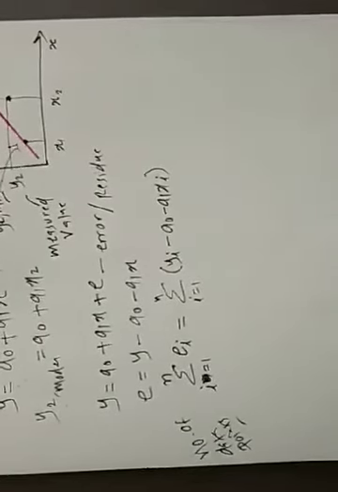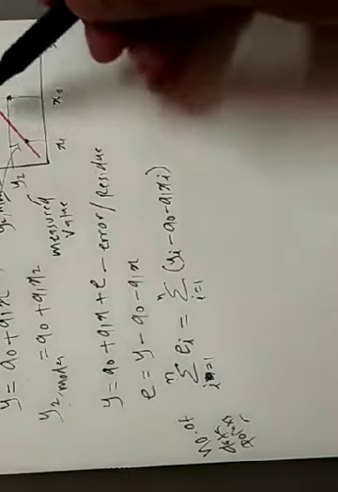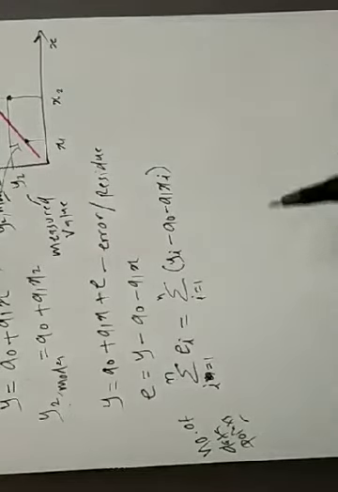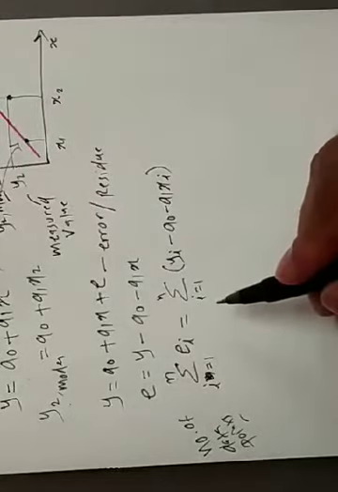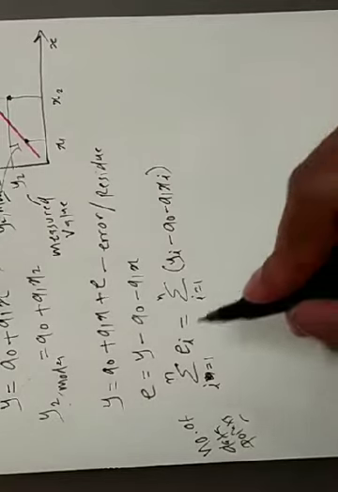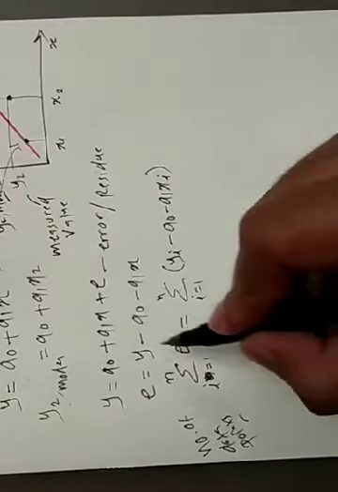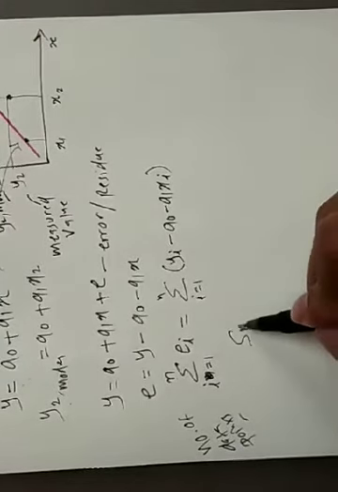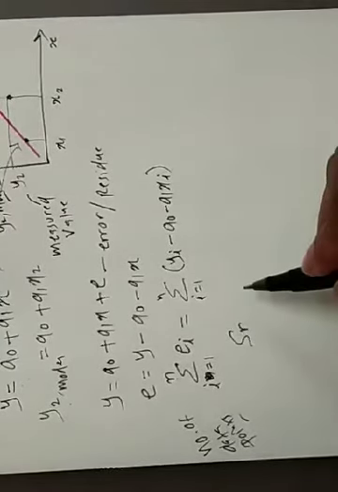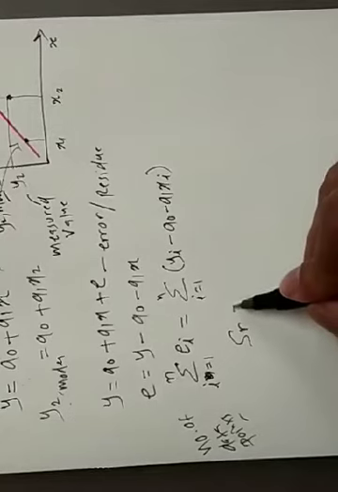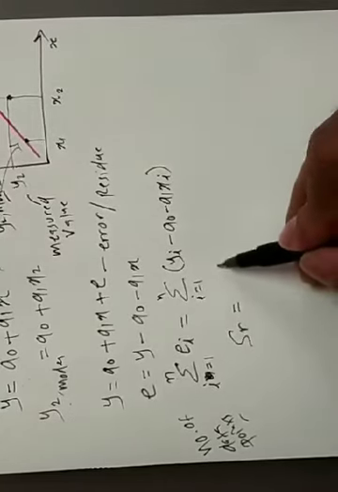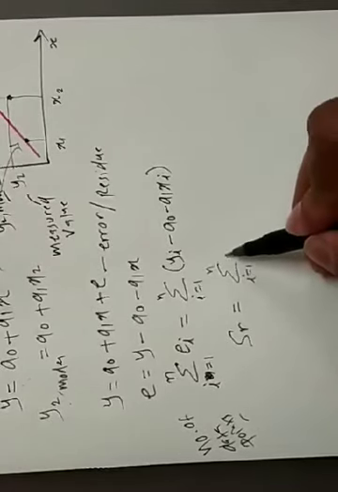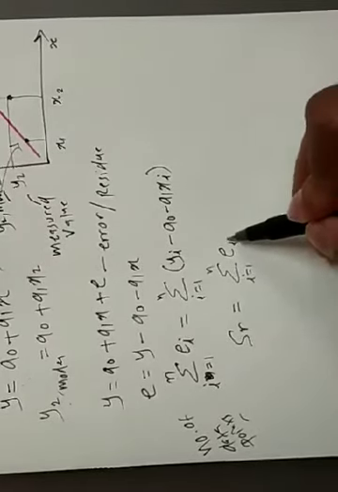Now for the best fit of this line, we need to write this error in the form of this equation, that is SR is equal to the summation of i equal to 1 to n of ei squared.